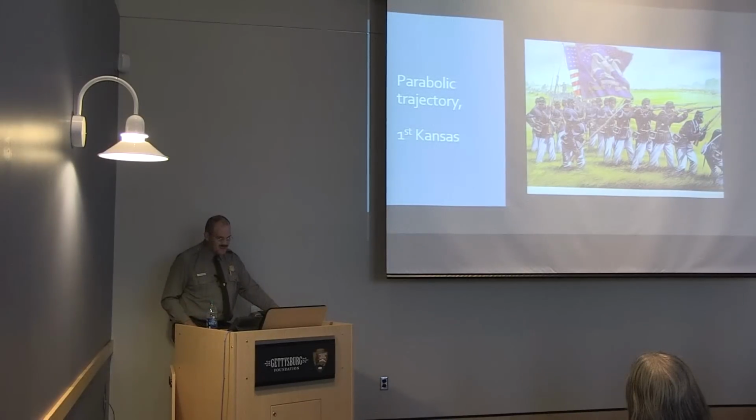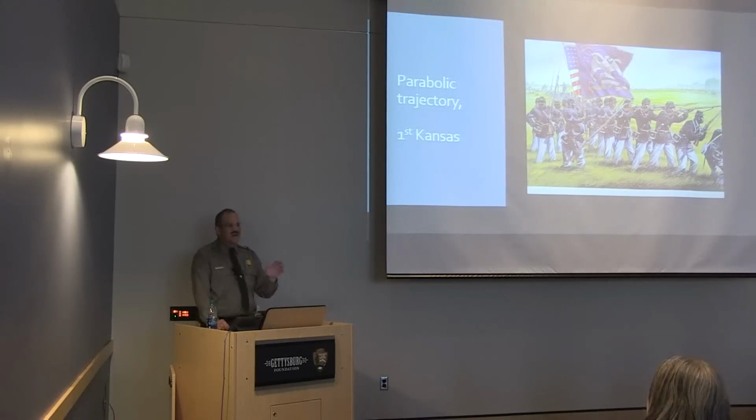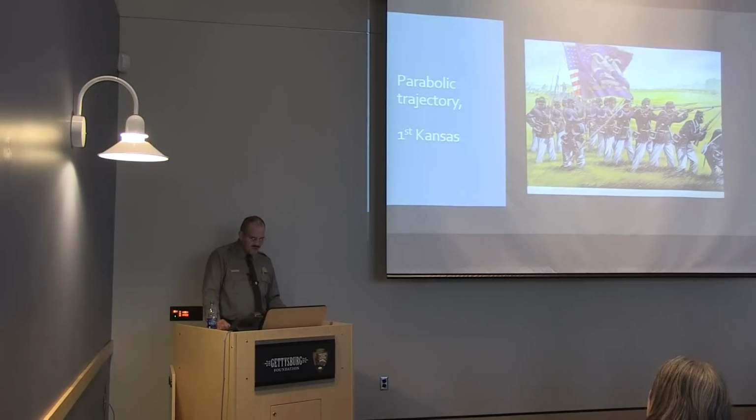Well, Earl Hess, in his controversial book on the rifled musket, argues that the rifled musket during the Civil War was less effective than the smoothbore musket in other major European battles. He uses the example of the Battle of Prague, the Battle of Austerlitz. These are battles that either involved Frederick the Great or Napoleon, where the smoothbore musket casualties, he said, were upwards of 28%, whereas the rifled musket in Civil War battles accounted for 10% of the casualties.